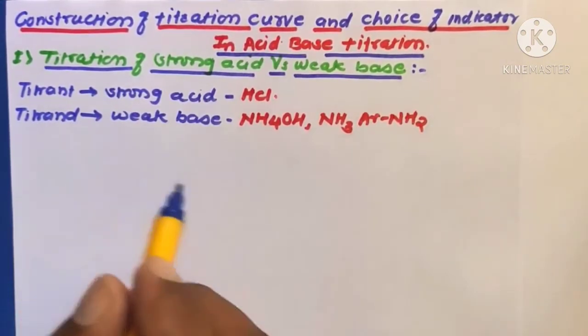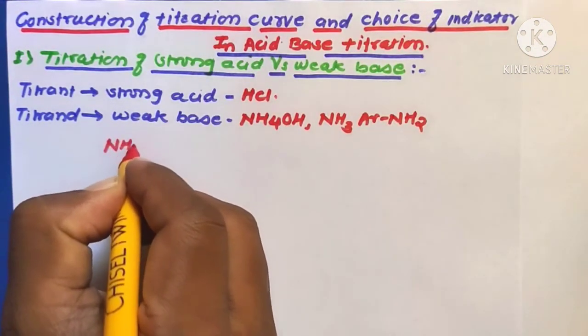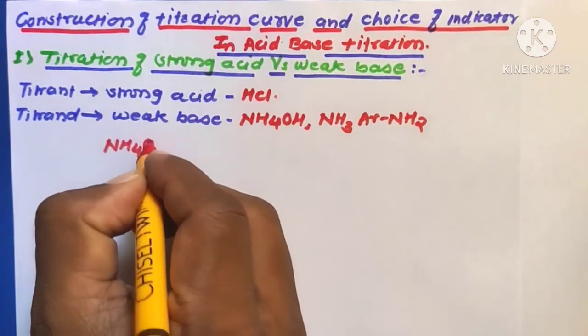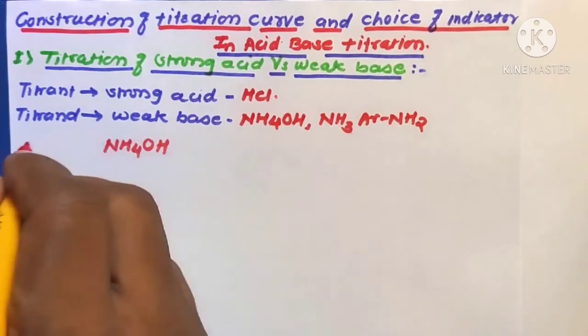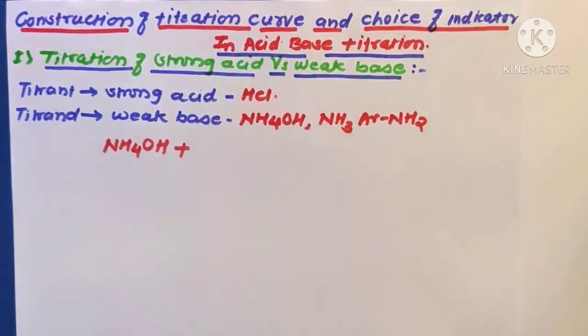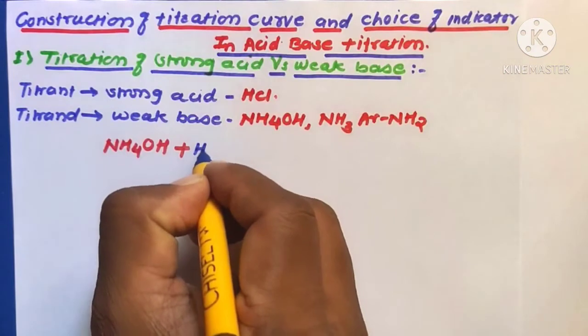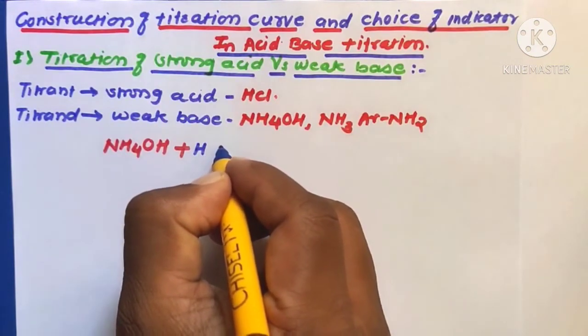Now general reactions. Suppose NH4OH as a titrant reacted in presence of strong acid like HCl.